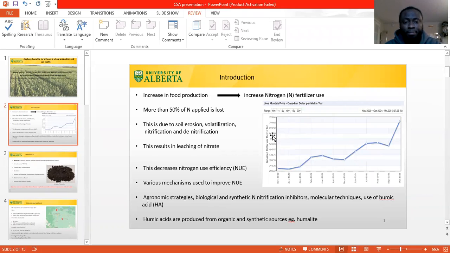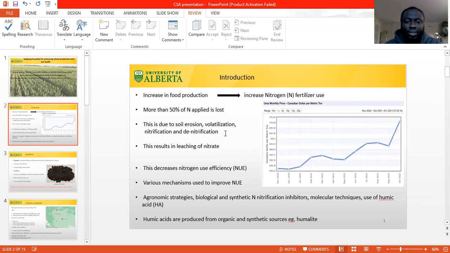Surprisingly, more than half of the nitrogen fertilizer that we apply ends up being lost through soil erosion, ammonia volatilization, nitrification of ammonium, and also denitrification of nitrate.